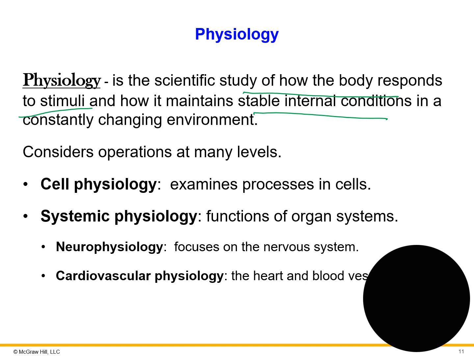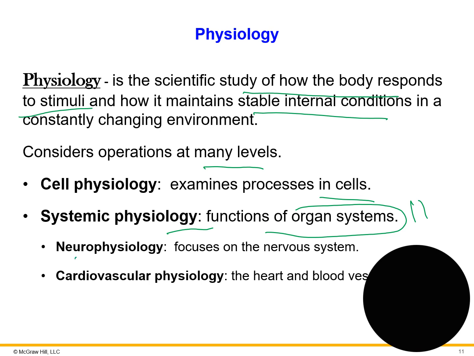Physiology operates at many levels. Like we said, cell physiology examines the cells, and systemic physiology looks at the functions of organ systems. There we're going to look at the different organ systems. We have 11 organ systems, and we're going to study all 11 of them throughout the A&P 1 and 2 courses.